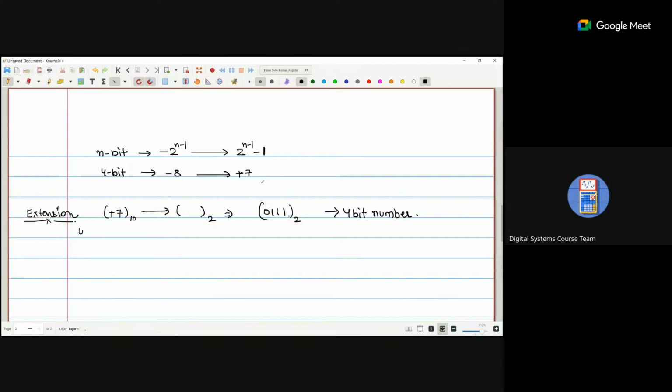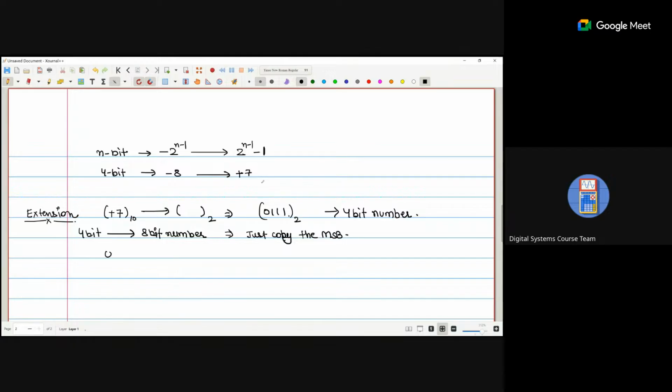Now if I want to convert this 4 bit number into 8 bit, just copy the MSB.